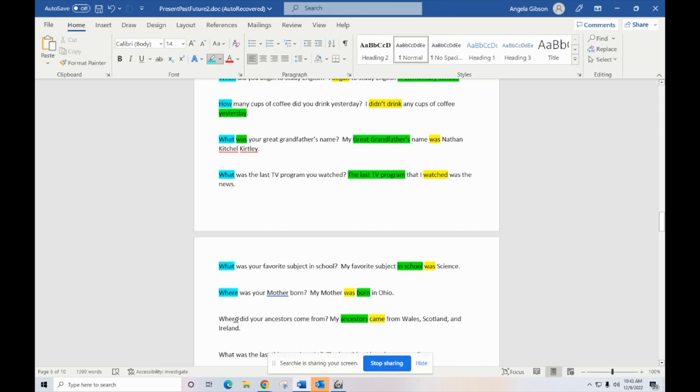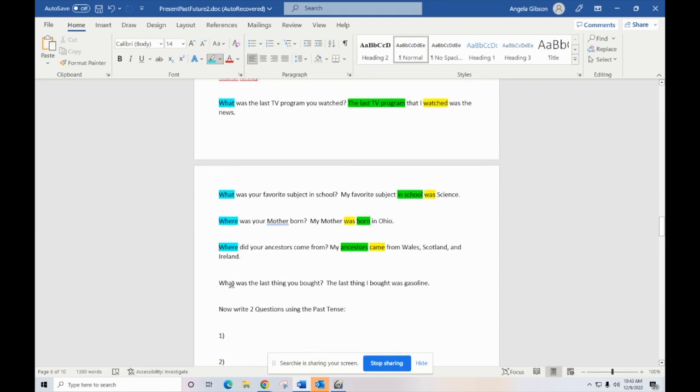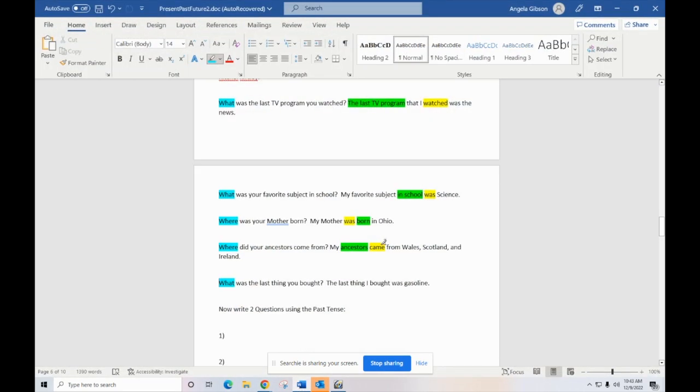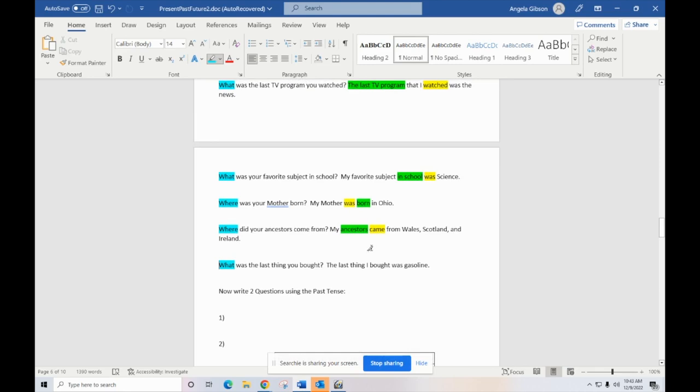Where, what. So again, the question words are who, what, when, where, why, and how. I have 6 of them. Who, what, when, where, why, how. So we're going to create 2 questions, and we're going to use who, what, when, where, why, or how for a past tense question.